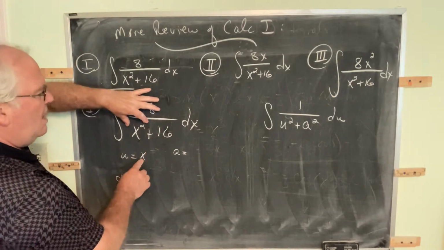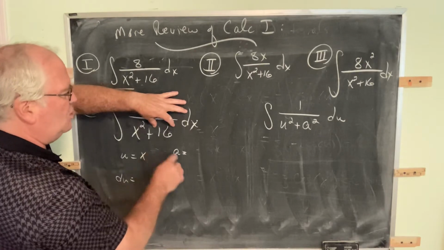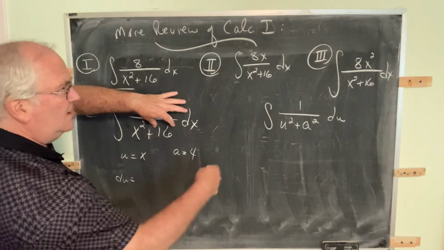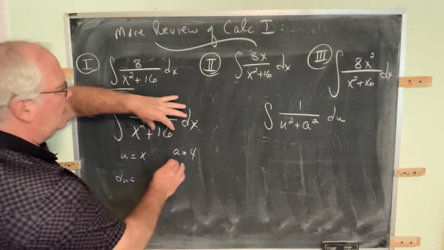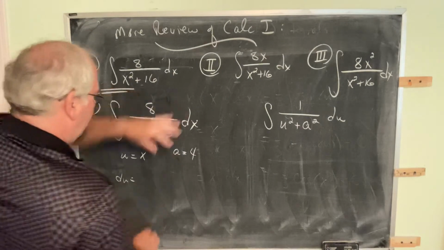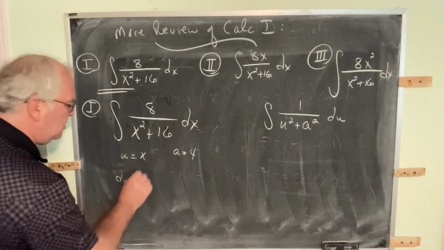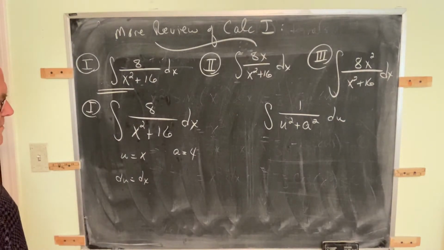What is the constant that's getting squared here? What constant gets squared to produce 16? We're going to use 4. If you look at the work you did in Calc 1, we assume a is non-negative. So a is 4. And once we have u equal to x, we take the derivative of both sides. du is dx, and now the substitution is exact.